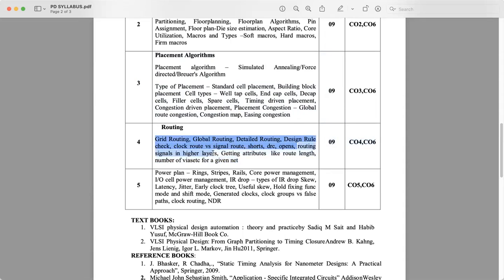Then routing signals in higher layers. We don't just have metal 1, metal 2, metal 3, but we go all the way up to 8, 9, 10, different metal layers. So it's going to be like a sandwich, one on top of the other. So how we are going to utilize them? Getting attributes like route length, number of vias, etc.